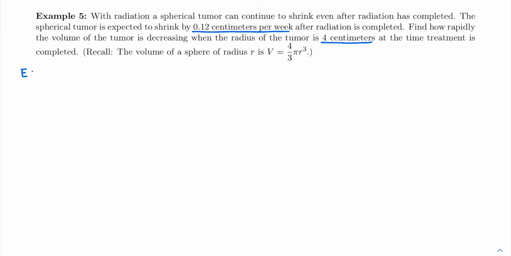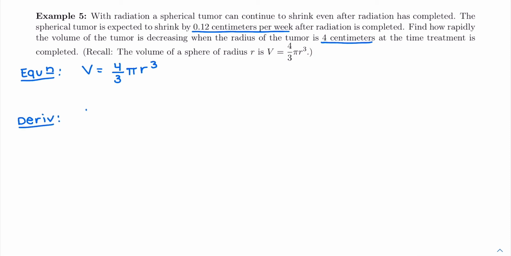So our equation that relates them is that the volume of the sphere is equal to 4/3 pi r cubed. And then we're going to take the derivative of this with respect to time.